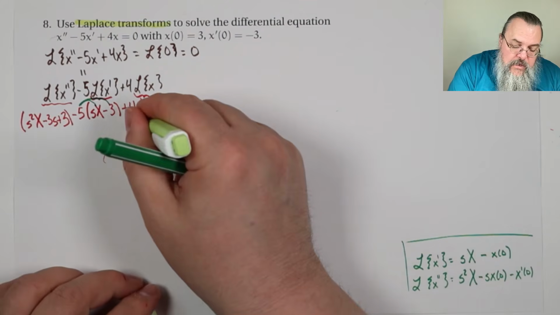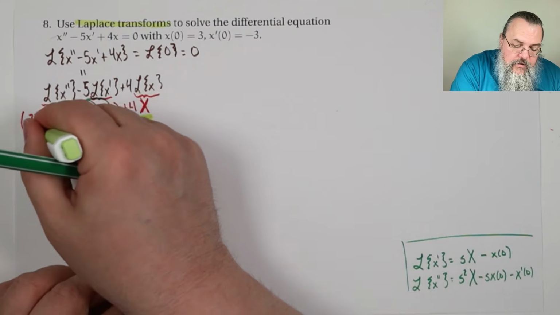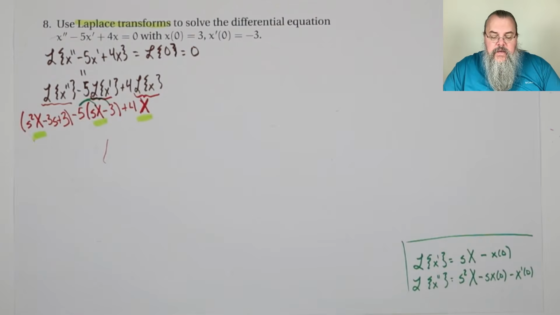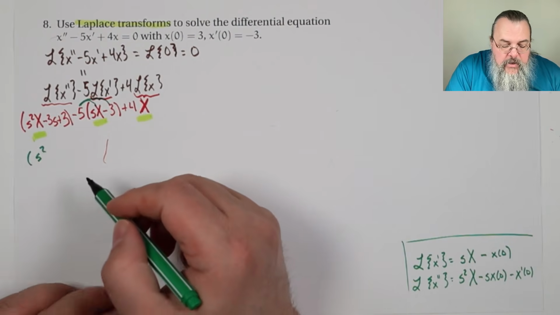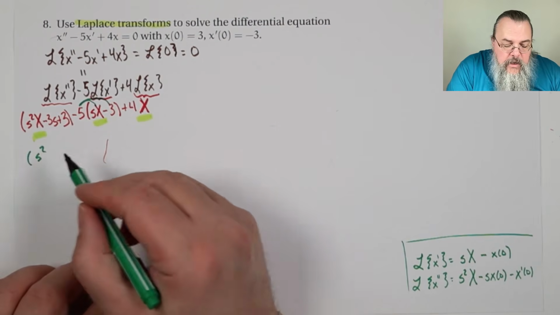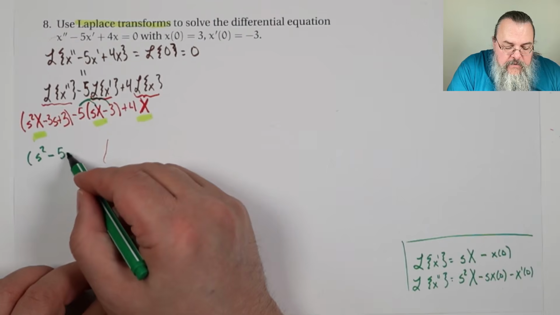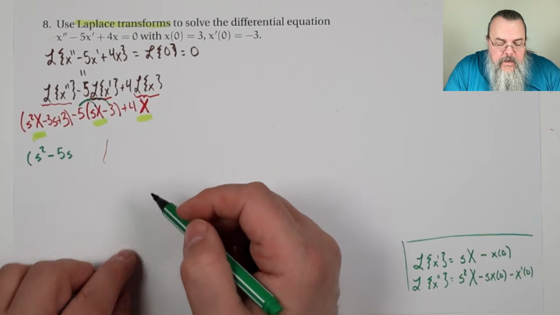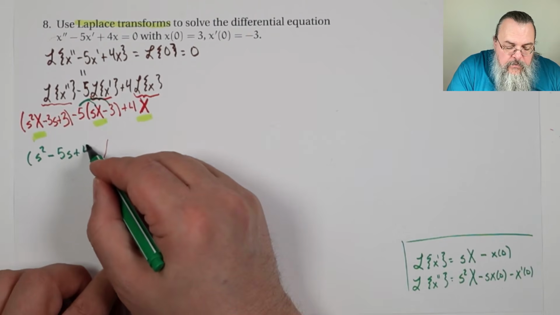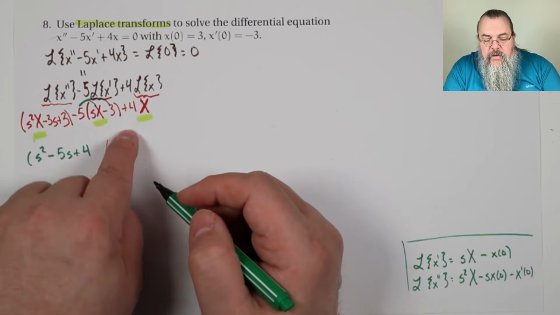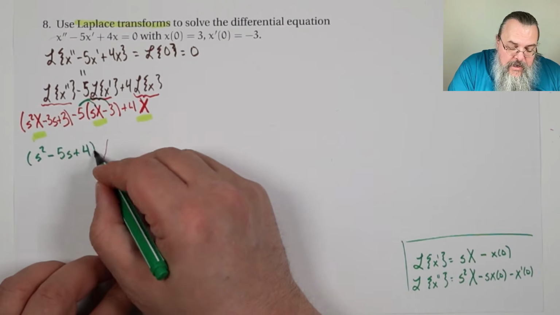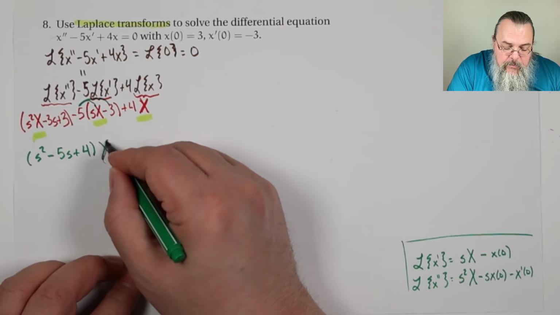There are 3 pieces which involve x. We're going to get an s squared, a subtract 5s, and we're going to add a 4, right? s squared minus 5s plus 4. And that's going to be multiplied by capital X.